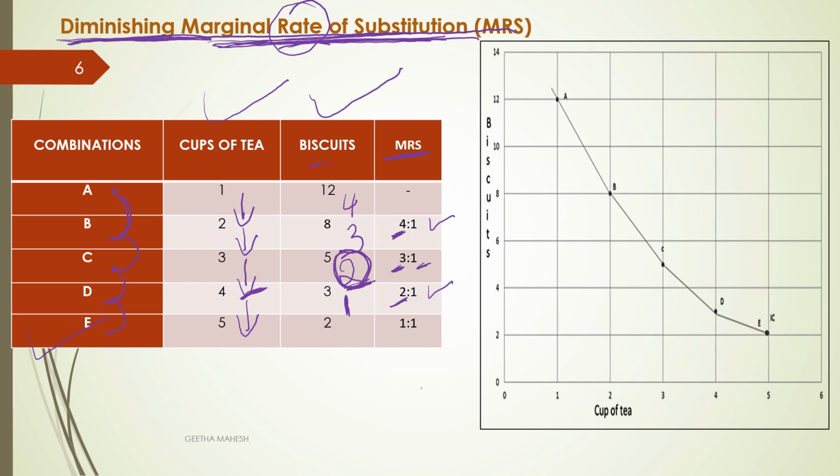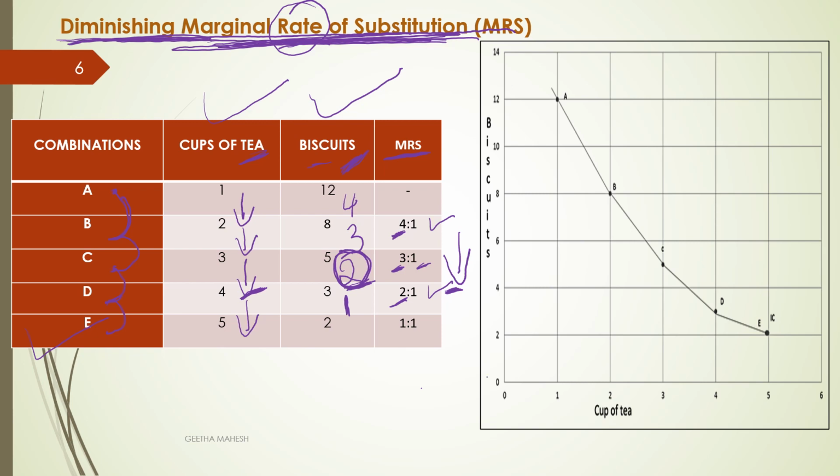Each time, to have an additional unit of tea, biscuits are sacrificed, but each time the number of biscuits sacrificed keeps on diminishing. This is the reason why we say the indifference curve is convex to the origin or downward sloping, or that it has a diminishing marginal rate of substitution.